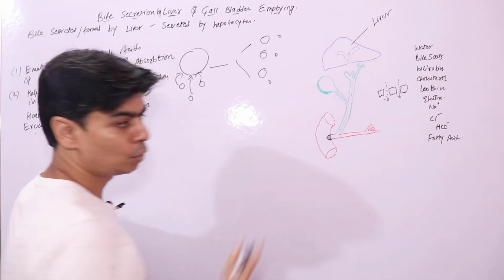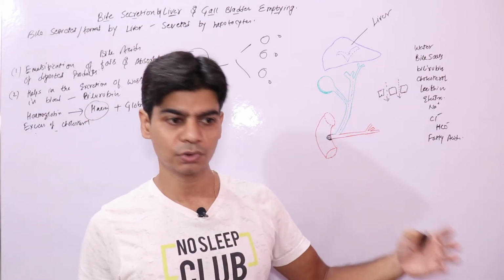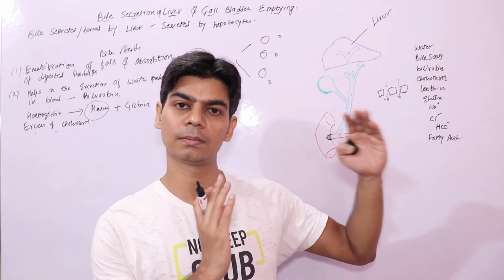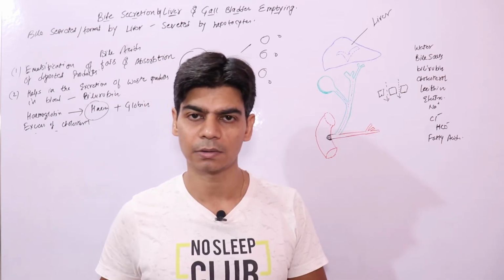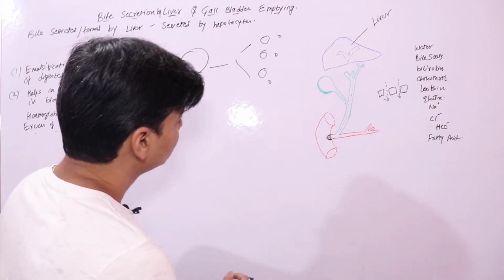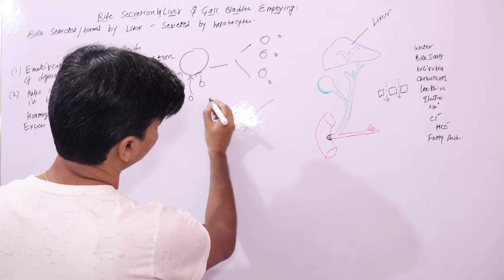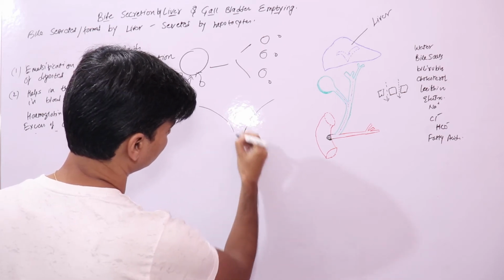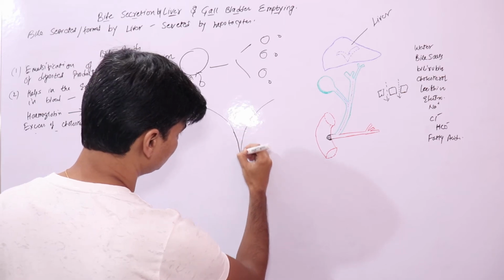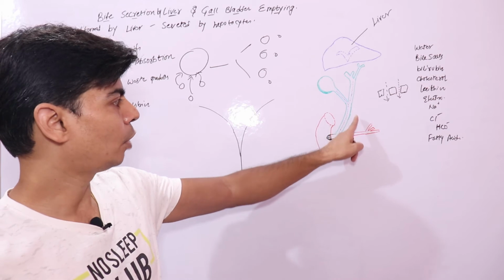You have two lobes in your liver, the right lobe and the left lobe, right? So the duct in your right lobe is your right hepatic duct, and the duct in your left lobe is your left hepatic duct, right? So this is your right hepatic duct, your left hepatic duct. These both join to form your common hepatic duct.